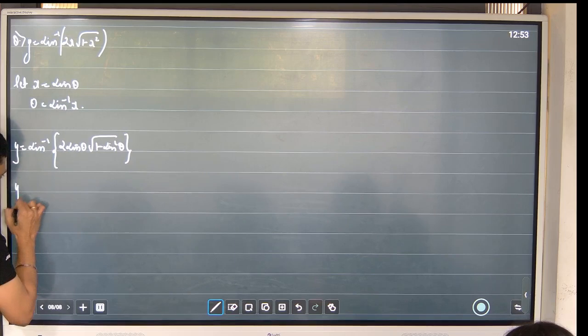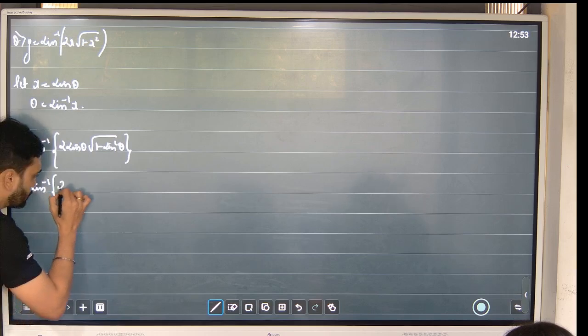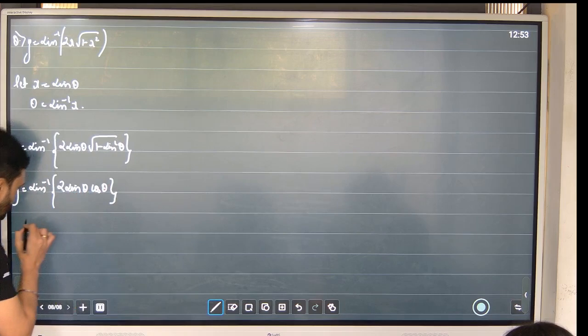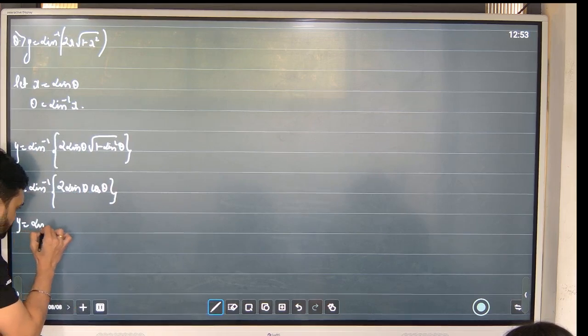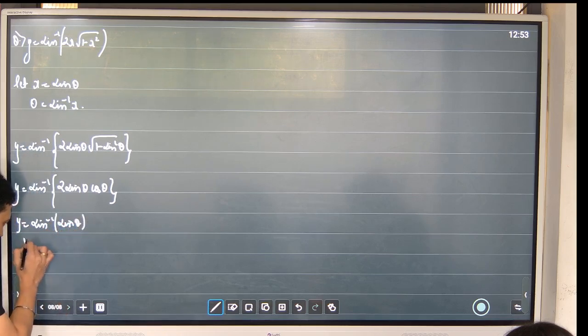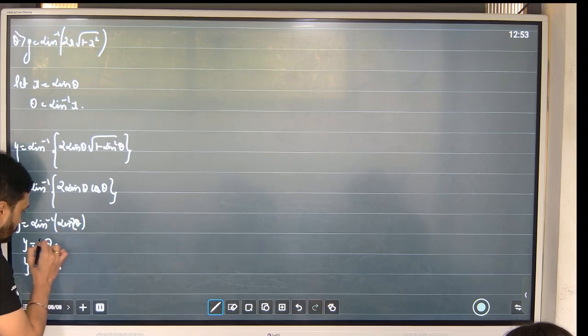So y is equal to sin inverse of 2 sin theta cos theta. Therefore, y is equal to sin inverse of sin 2 theta. Therefore, y is equal to 2 theta.